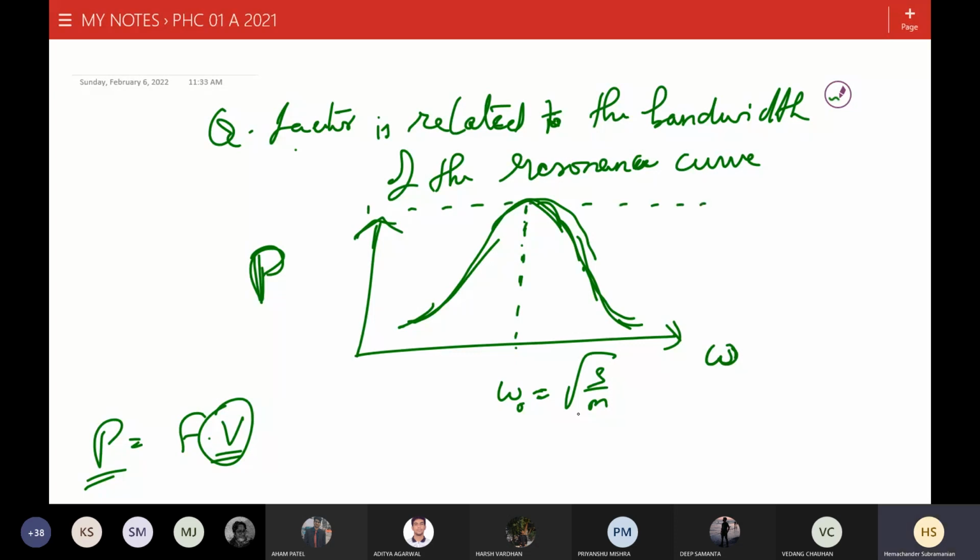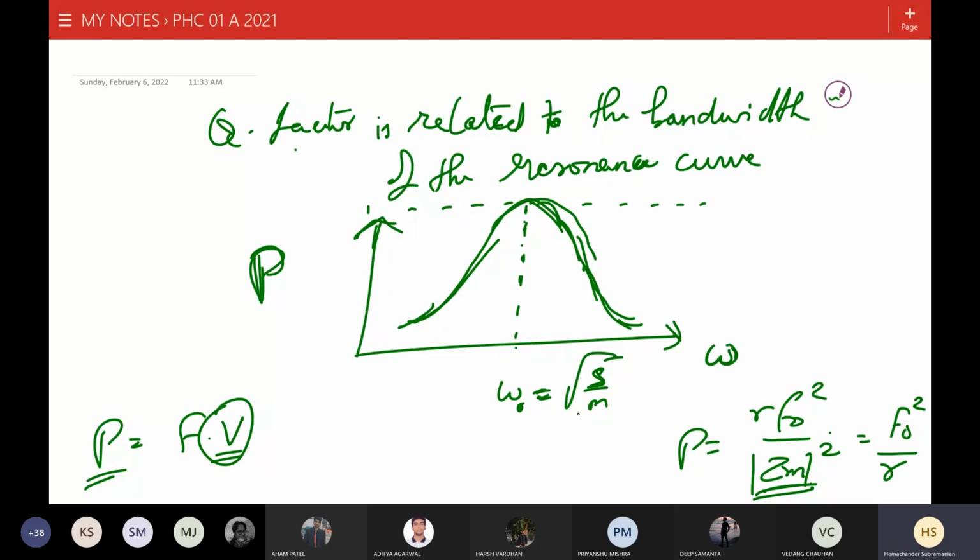The power supplied is F naught squared over Z M squared. When it is maximal, omega naught is square root of S over M. And what happens to Z M there? Z M becomes R, only R. Exactly. So Z M squared is R squared.